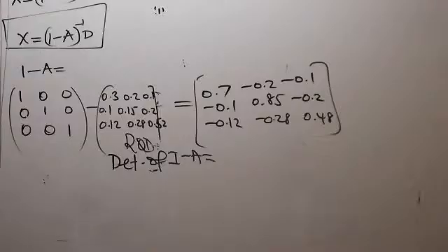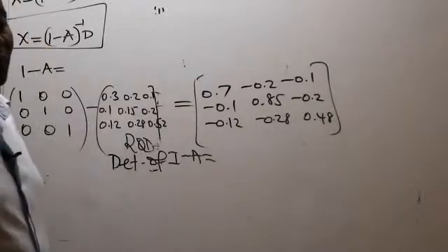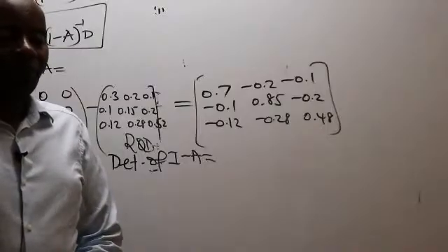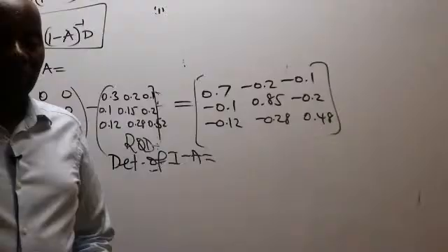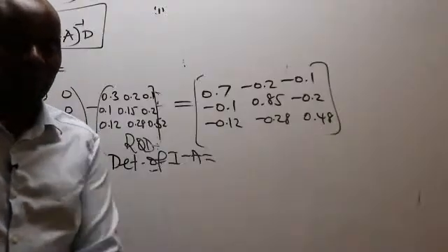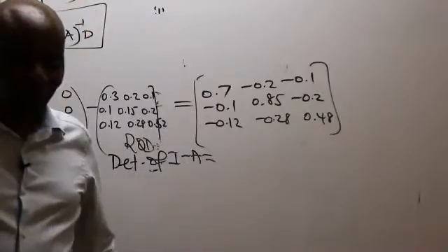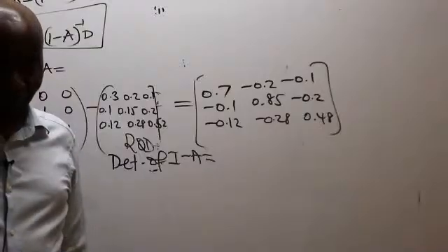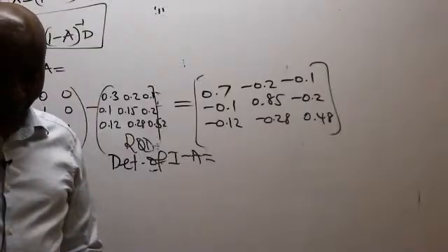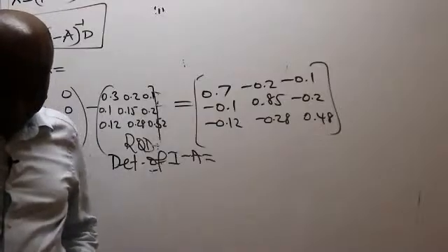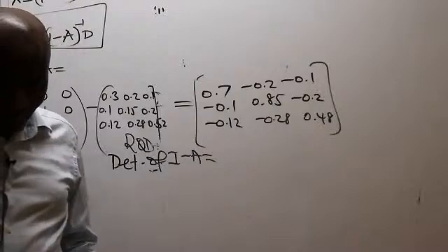I want to see whether there is a student who will be able to confirm what the software has given us. Am I waiting for anybody to give me a figure really?